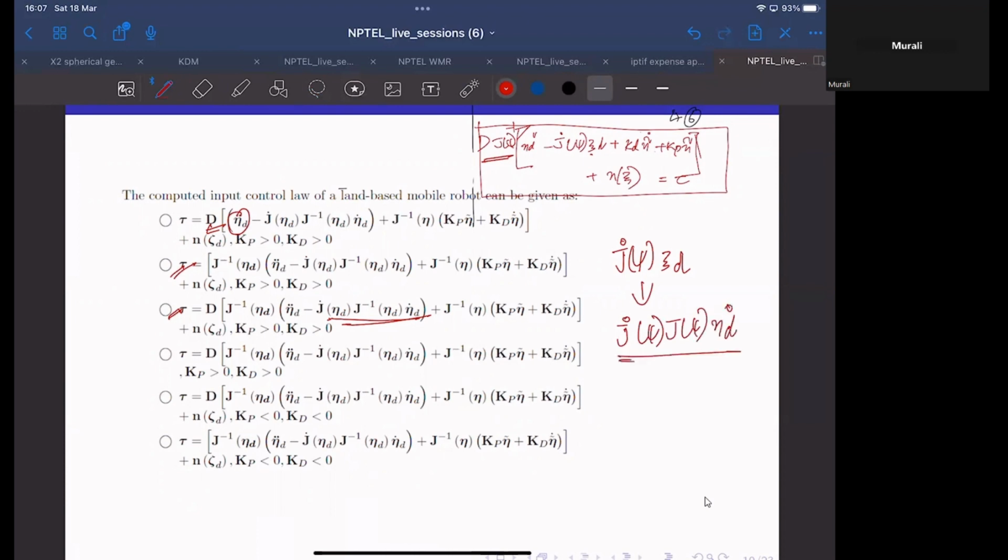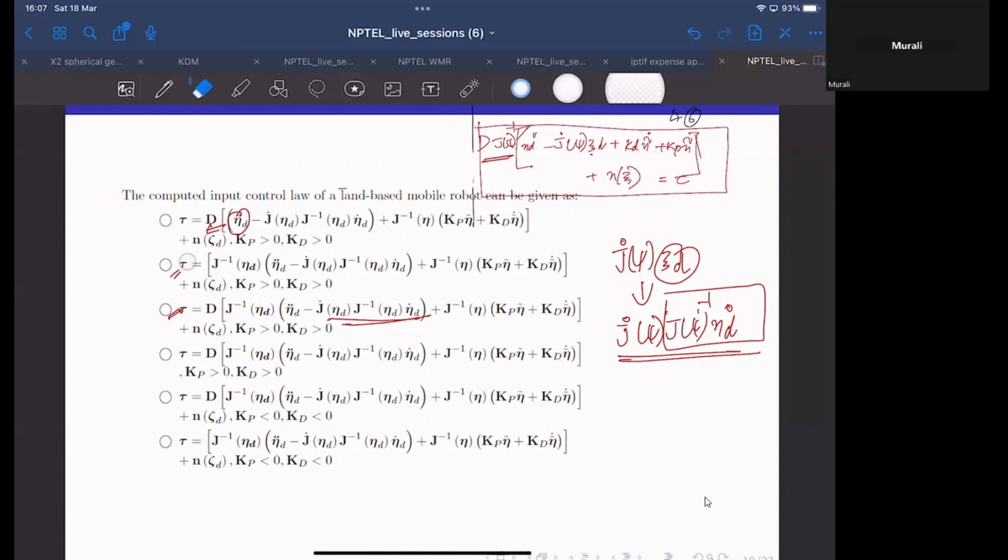They have made this transformation instead of the zeta, and that is what they have applied in these equations as well. Sorry, I think this is j of psi inverse, right? And out of all these options, which one would be the correct answer?